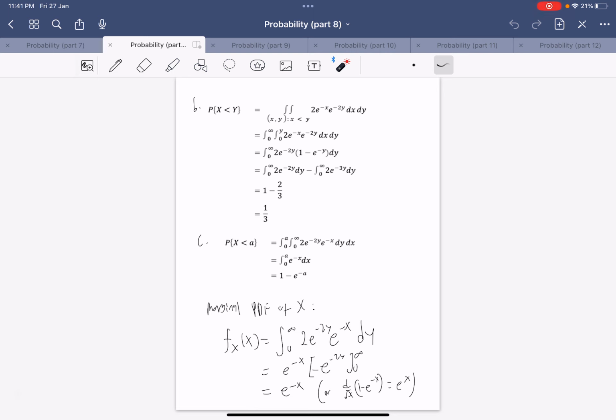For part B, you just need to integrate in the event that x is less than y. So it's really drawing the graph, and this is the line y equals x. So x is less than y means that it is in this shaded region.